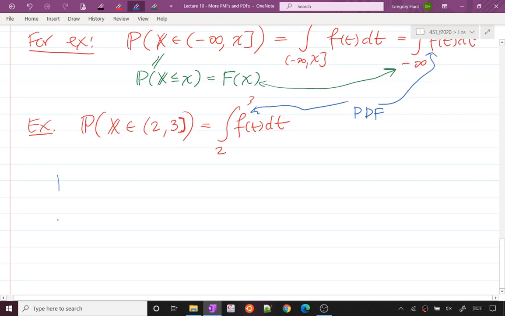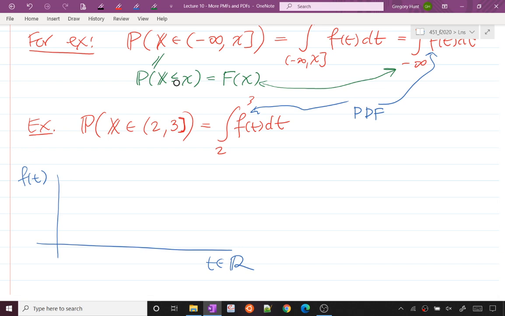So the picture, of course, is that I have my PDF against the argument, and maybe my PDF is green and looks like that, some function. We'll talk about exactly what kind of functions they are.